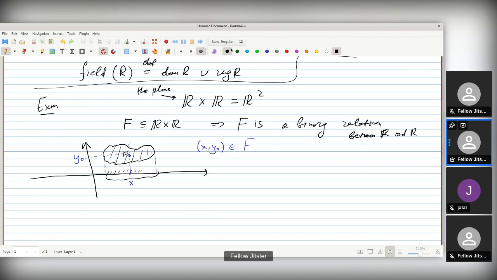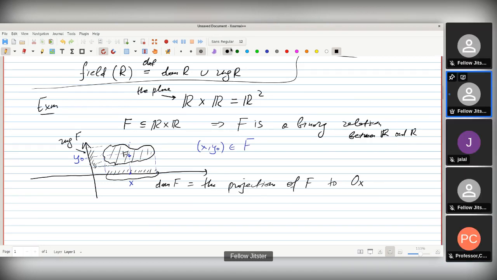What is a domain? It is the same as the projection of F to the axis of abscissas. Similarly, here we have our range, that is the projection of our set to the ordinate axis. Is this idea clear? Yes. Okay.